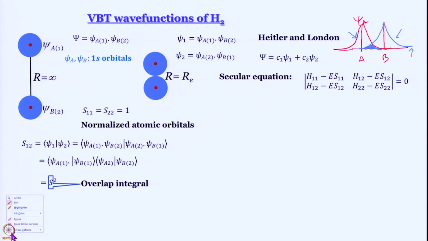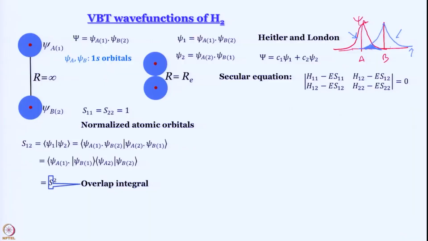If you want to be very rigorous, they are non-zero everywhere because they become 0 only asymptotically. But practically, if it is 0.000001, we take that to be 0. So only in this region where both the orbitals have good non-zero values will this integral have a non-zero value. This is a region of overlap, that is why the name is overlap integral.